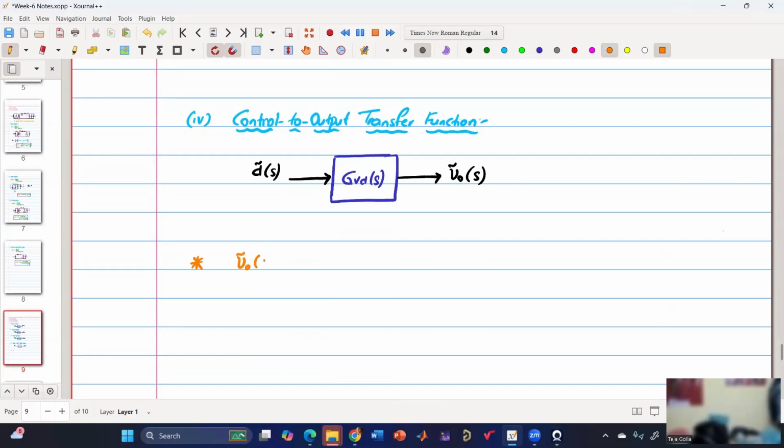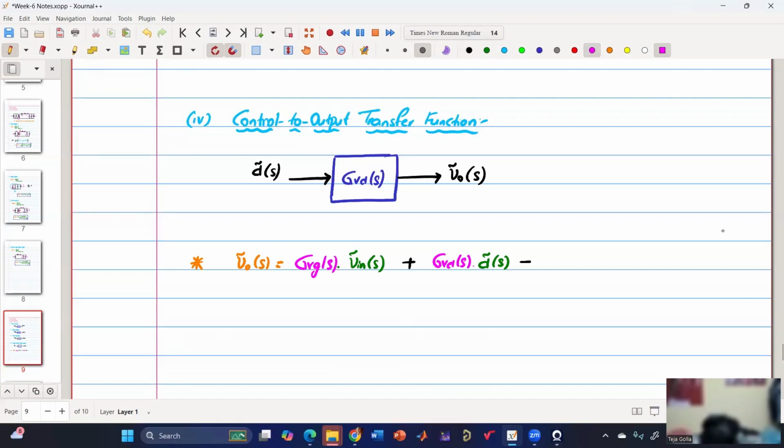V naught of S is equal to GVG of S into V in perturb of S, plus GVD of S into D perturb of S, minus, because there is a minus sign, so it is very critical.